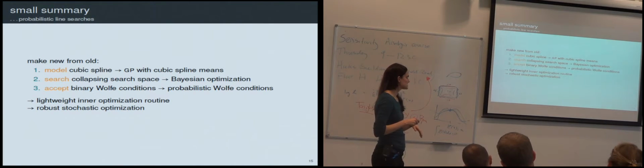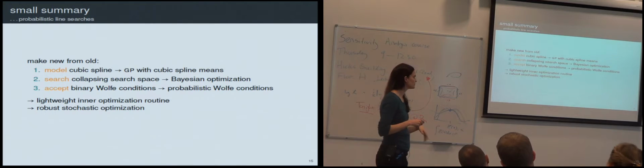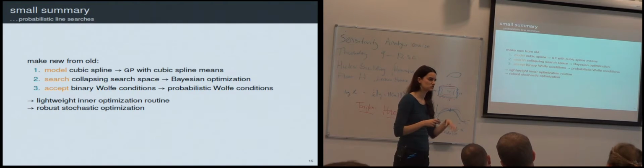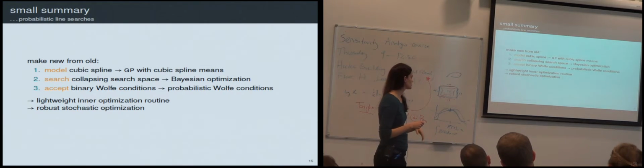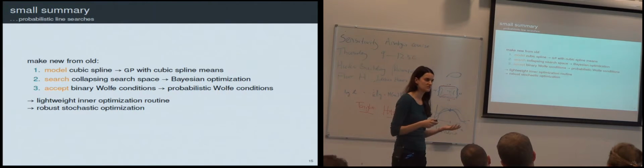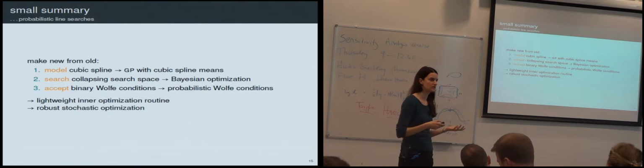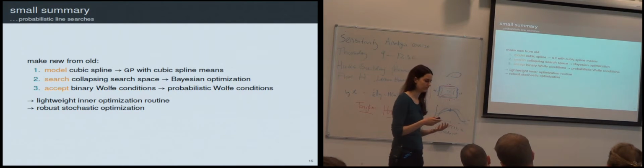And for acceptance, instead of the binary Wolfe conditions, we use the probabilistic Wolfe conditions, which are a very natural extension of the classic Wolfe conditions. And that actually robustifies our optimization problem, so we don't have to hand-tune learning rates anymore.